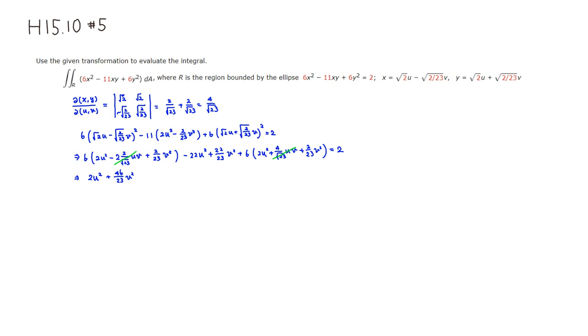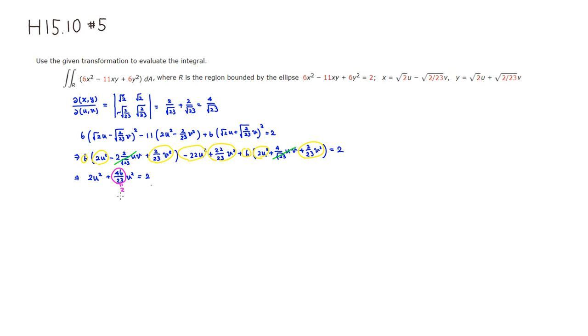So that takes care of everyone. This is equal to 2, and you can see that this is actually 2 right here.